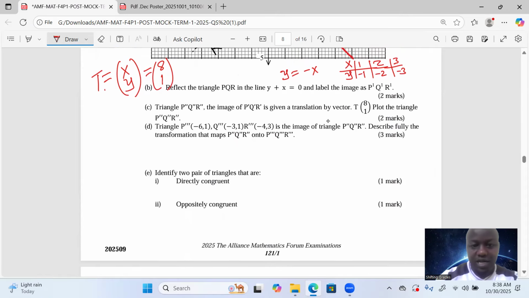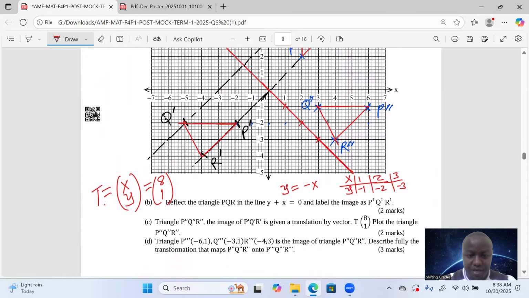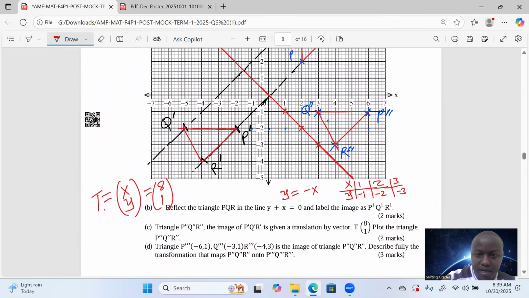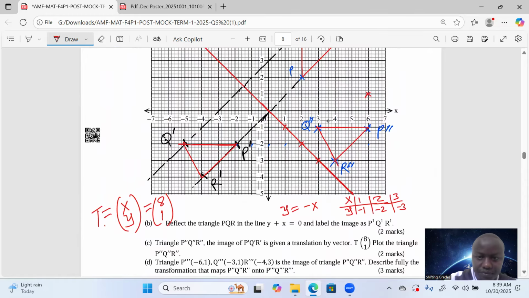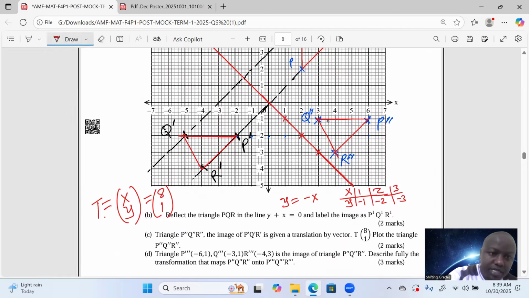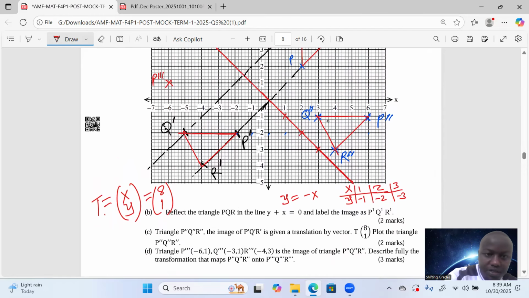So let's check now. This triangle has to be drawn first. Negative 6, positive 1. Negative 6 on the x, positive 1. Here is the point. So that becomes our P triple prime. Negative 3, 1 is here. That's Q triple prime.